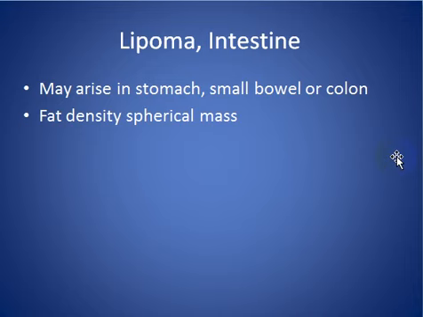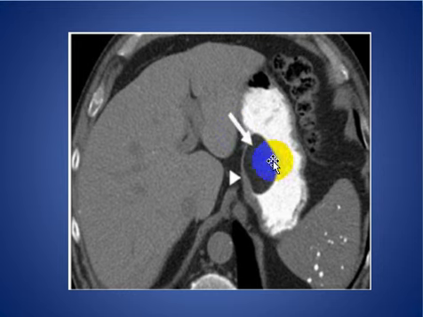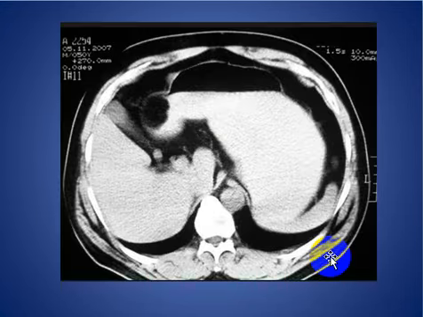Lipoma of the GI tract may arise in the stomach, small bowel, or colon, and it is a fat-density spherical mass lesion. As we see here, an oval-shaped mass in the stomach discovered incidentally in an old woman, and this woman also has old calcification in the spleen representing old infection.